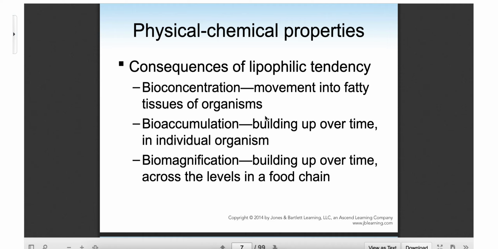And then you've also got biomagnification. Biomagnification basically says that each step up a food chain as you eat something will continue to concentrate the particular contaminant, leaving humans, usually at the top of that food chain, more likely to suffer health hazards from that contaminant.